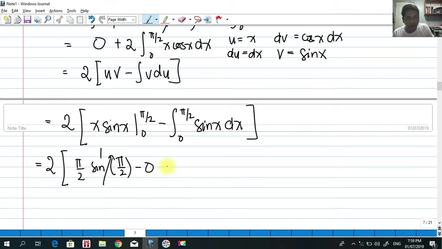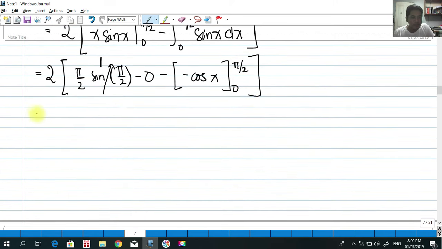Minus 0. And minus, how are we going to integrate this? The integral of sine of x dx is negative cosine of x, evaluated from 0 to pi over 2. Let's simplify. We have 2 here, pi over 2 times 1 is simply pi over 2, minus 0.